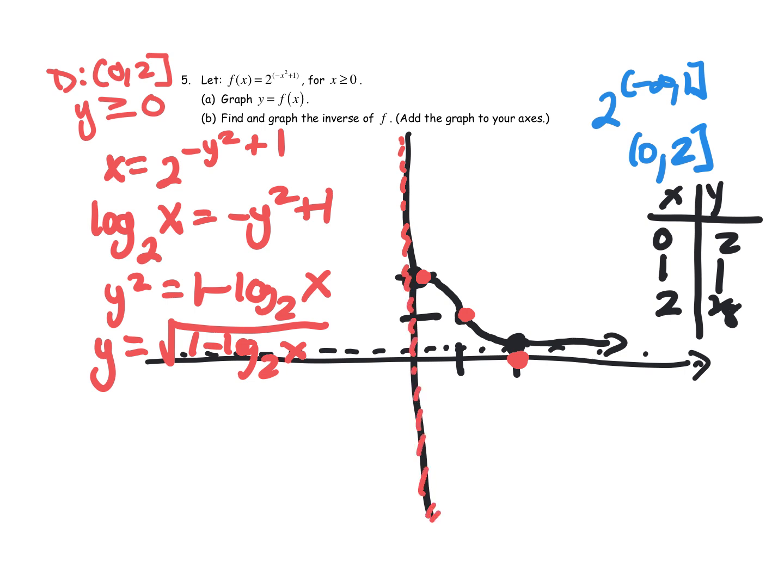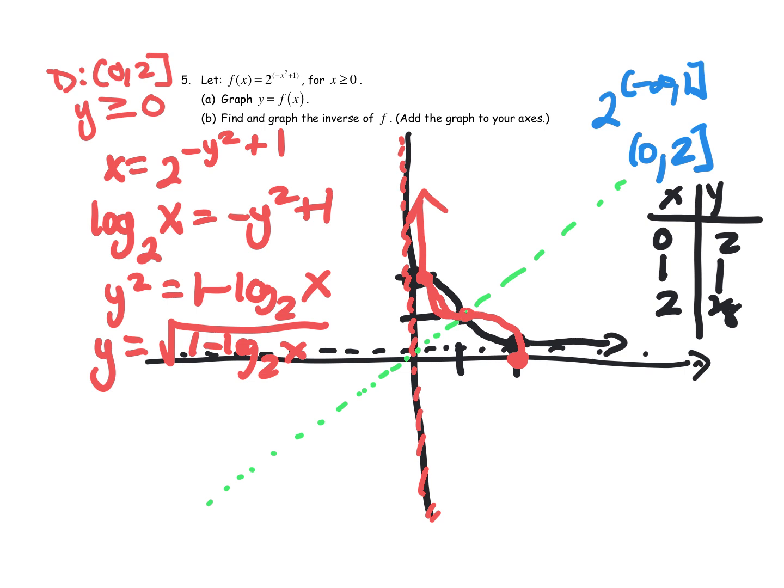Now, one thing that may be helpful to guide your graph is that it has to be symmetric across y equals x, which may help when we graph this to see what's happening here. All right, so back to my red. And then it should go like that.